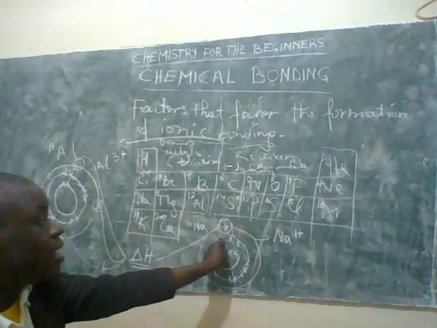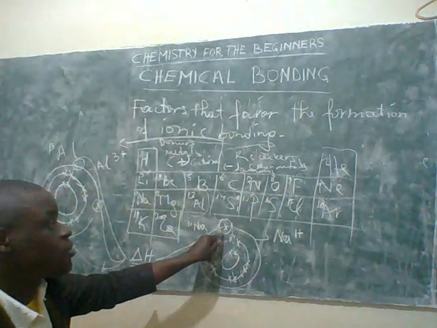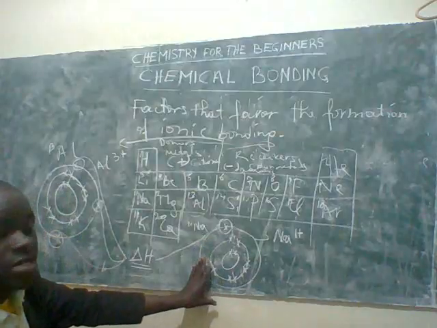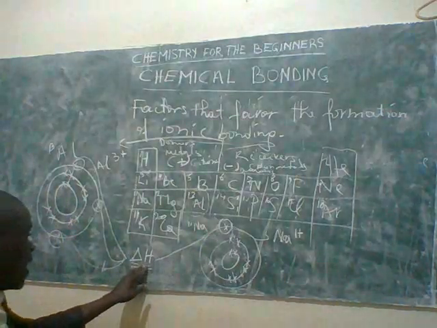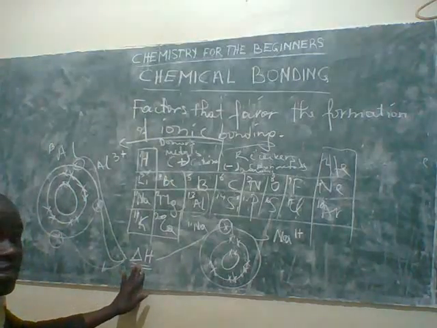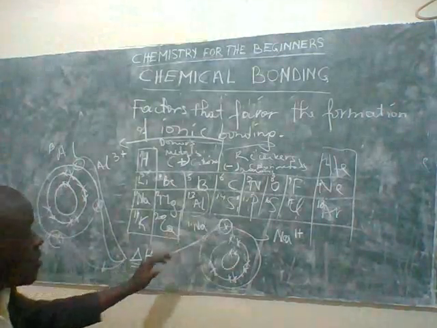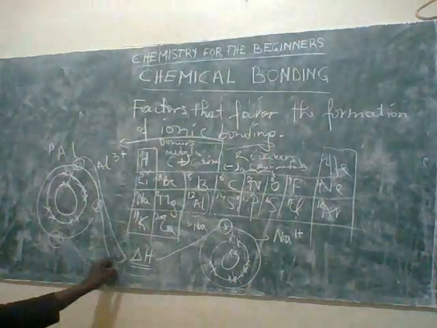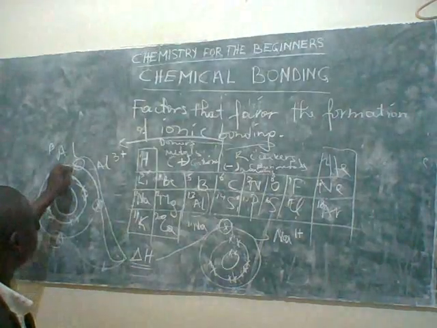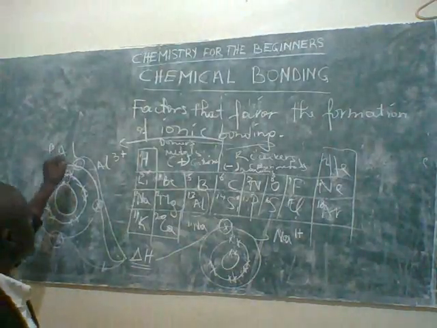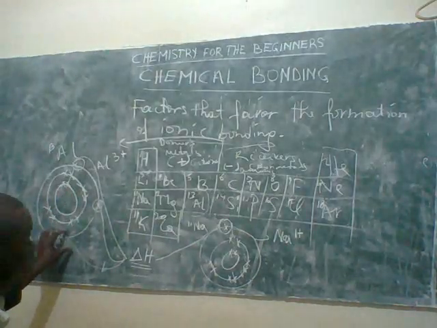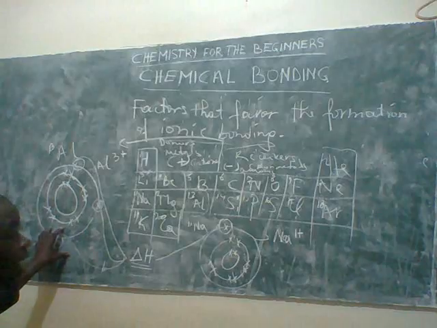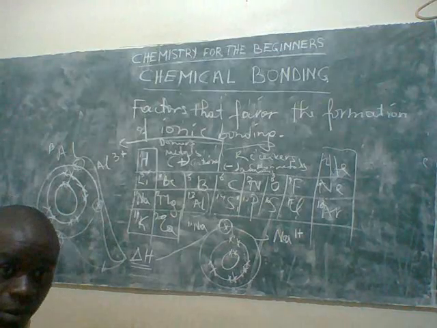And this is the valence electron for sodium. It is 1 because in its outermost shell it has only 1. So the energy we apply here to remove this is very low compared to the energy we will send to ionize this and this and this. This one has 3 electrons in its outermost shell.